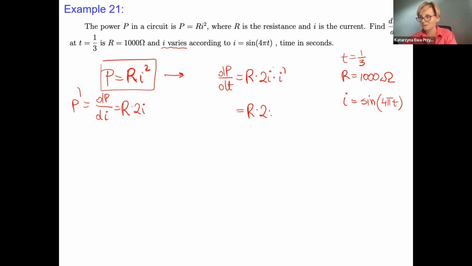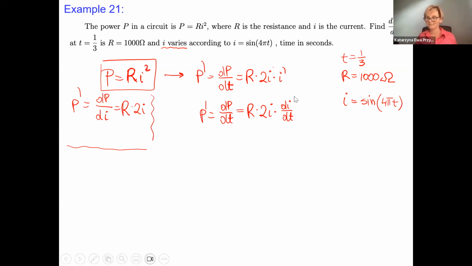I prime means the derivative of I with respect to time, because we are differentiating with respect to time. This is the chain rule: the derivative of I squared is 2I times I prime, where I prime is the derivative of I with respect to the variable provided, time.